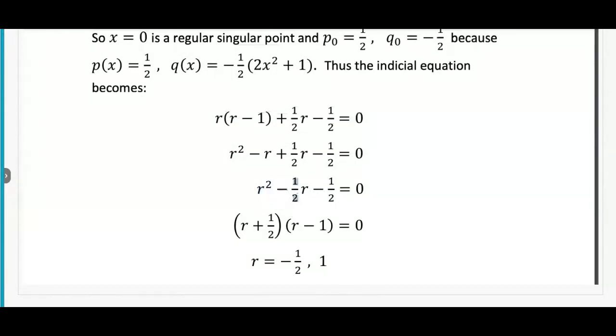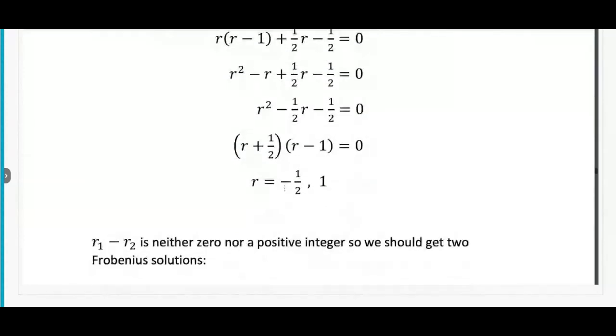If the half is too difficult to deal with, you just multiply by 2 on both sides. Otherwise, it's factored like this: r plus a half, r minus 1, because minus 1 plus a half gives you a negative half. So we got two solutions: r equals negative half and 1.